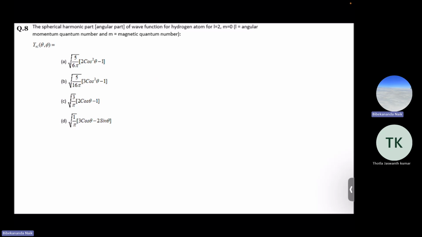These are the four options, and we need to find the correct expression for Y_lm(theta, phi). Here m is 0, l is 2. I'll give a few minutes and then we will discuss.